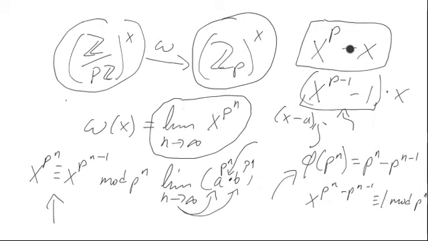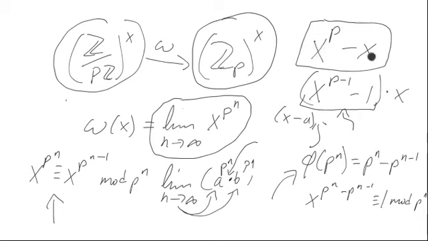The limit will split across the subtraction. The limit of x to the p and the limit of x will actually be the same when we throw a p to the n up there and take a limit, because it'll just be powers of p going off to infinity in both cases. And so we'll end up getting 0.